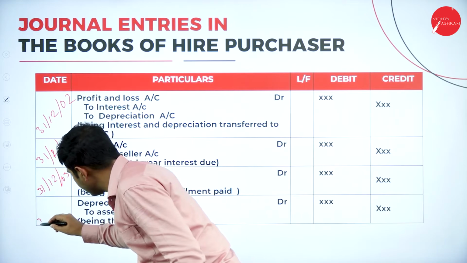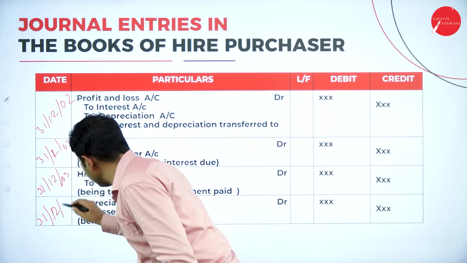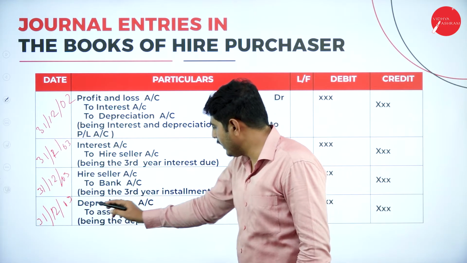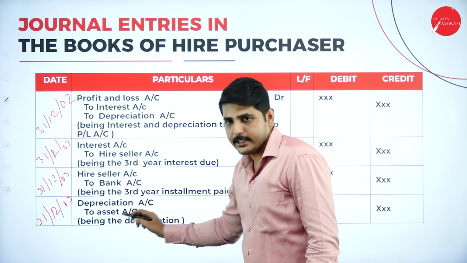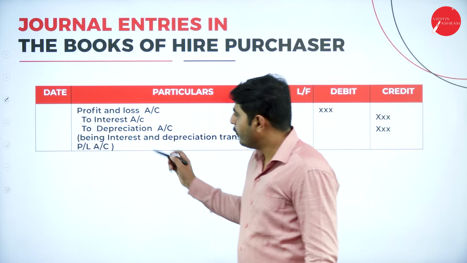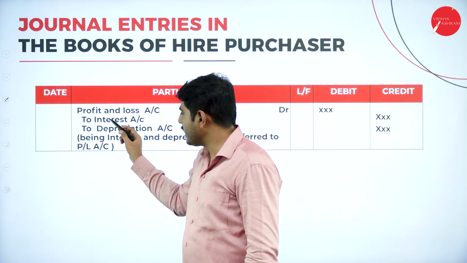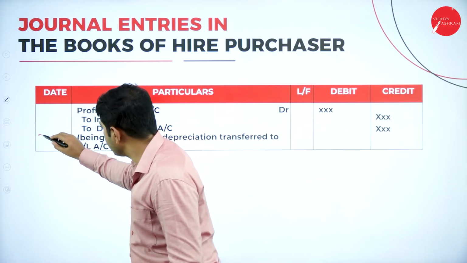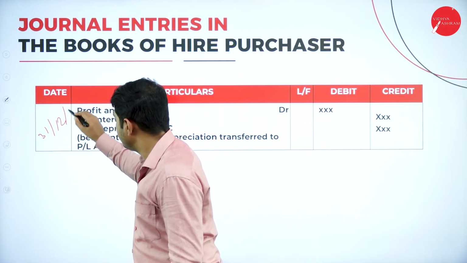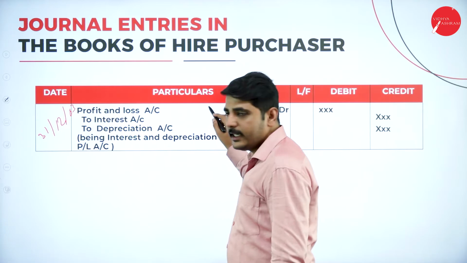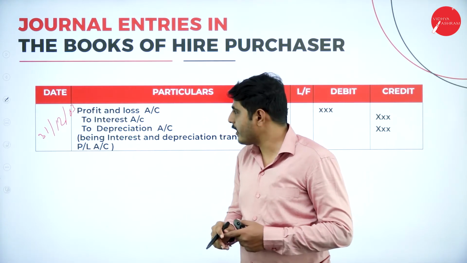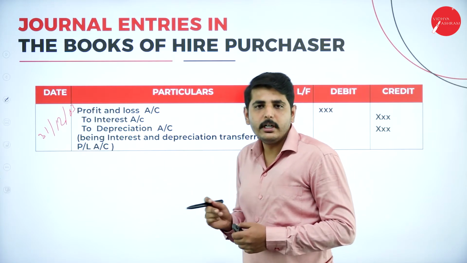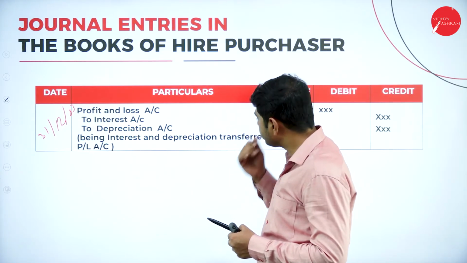Again 31st December third year, we have to calculate the depreciation for the third year, depreciation account to asset account. Last one, both interest and depreciation should be transferred to profit and loss account. Journal entry: profit and loss account debit to interest account, to depreciation account.